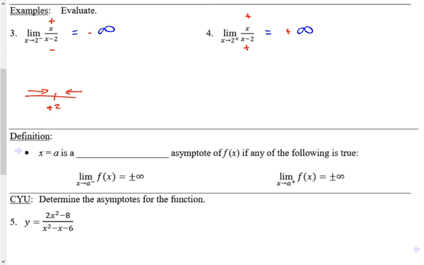So I'm approaching positive infinity, which gives me information about my vertical asymptote. So if as x approaches some constant from the left or from the right, and I'm getting positive or negative infinity, then that confirms that I have a vertical asymptote for that value of x.